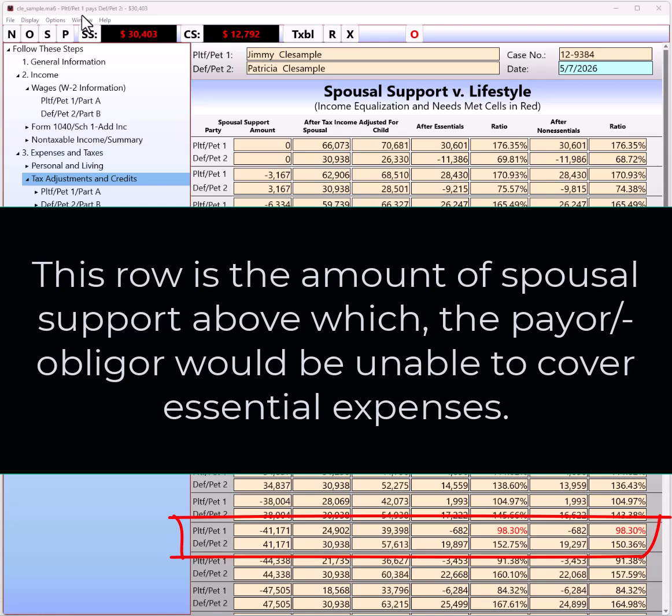If you go beyond that point of 41,000, they can't make their food, clothing, lodging. Those are the three valuable levels. That's the third one you're talking about? Yes, that would be the one that starts out with the column $41,171.